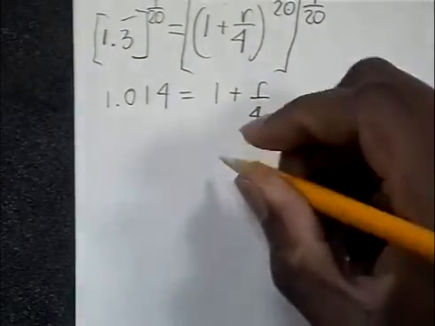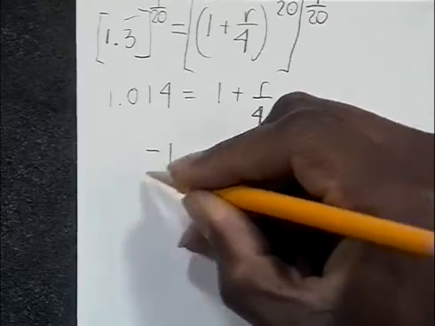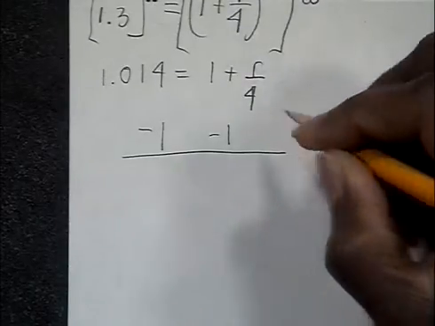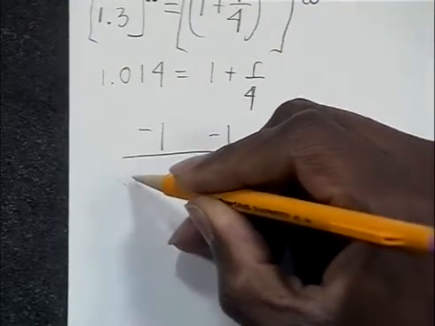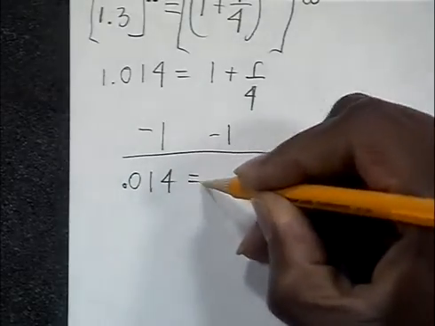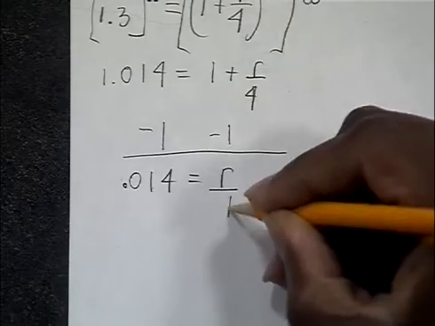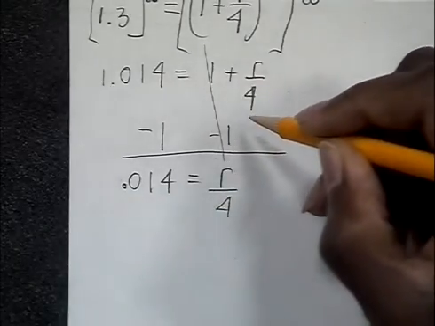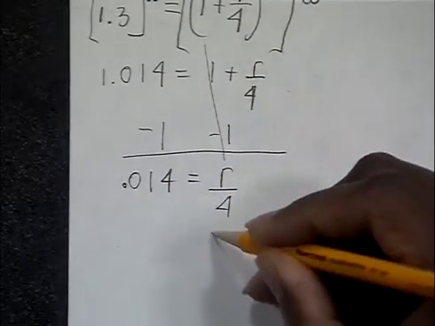Now we're going to subtract that 1 over. We're just about done now. Subtract that 1 over. You end up with 0.014 is equal to r over 4. The 1's canceled out. You can cross multiply here.